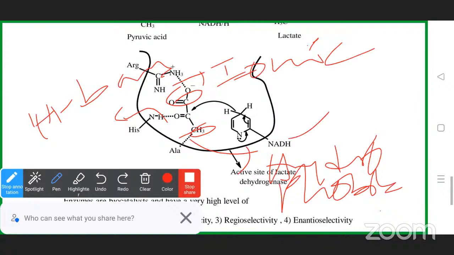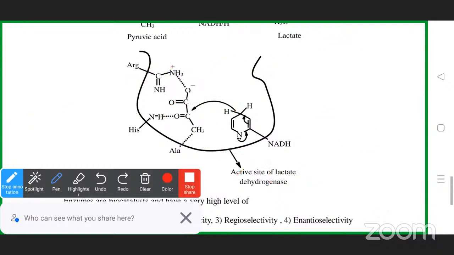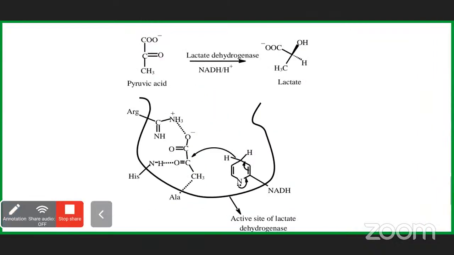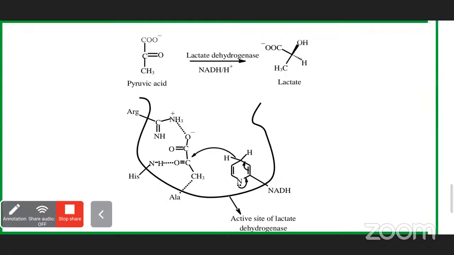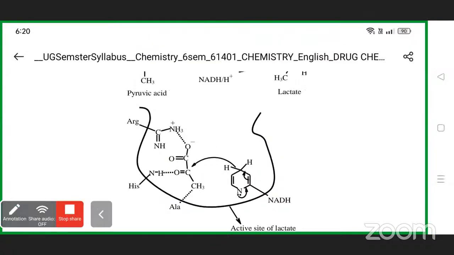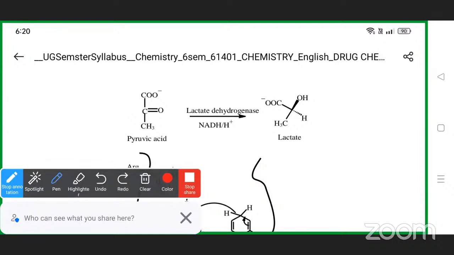The NADH is giving the proton, transferring it to this carbonyl group, and converting it into alcohol. We have the NAD here, so it is transferring here, and this is converting to alcohol. That is basically a reduction stage.